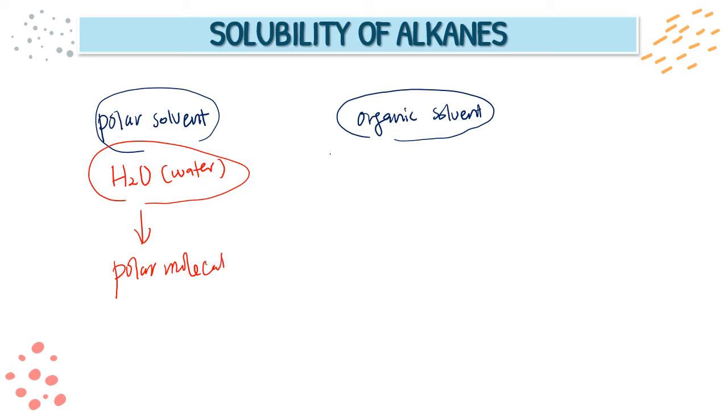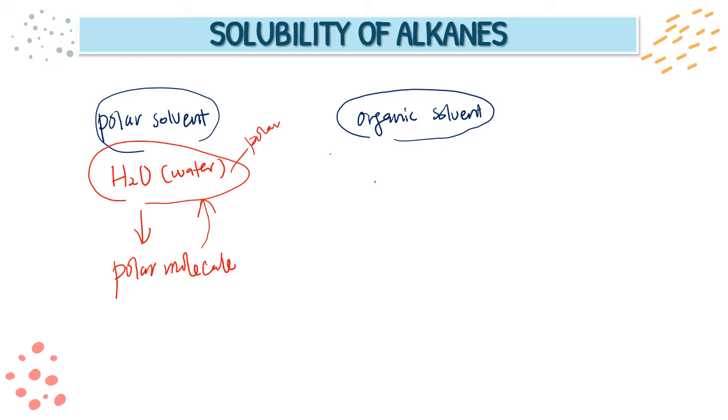Because when a polar molecule meets water, which is also a polar substance, there will be attractive force between the two substances, between the organic compound and the water molecule. Once there is attraction between those two, you can see that your compound is soluble in polar solvent, in water.